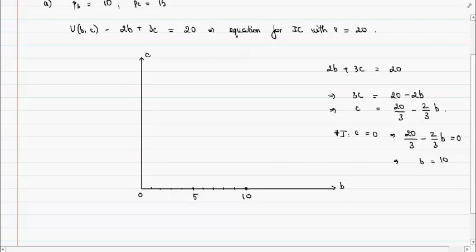That is my horizontal intercept. For my vertical intercept, if I make B equal to 0, then C is equal to 20 on 3.